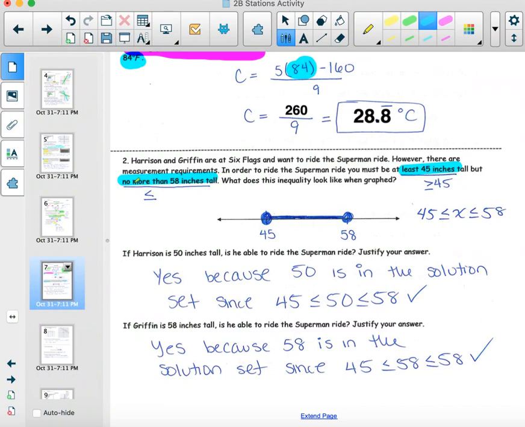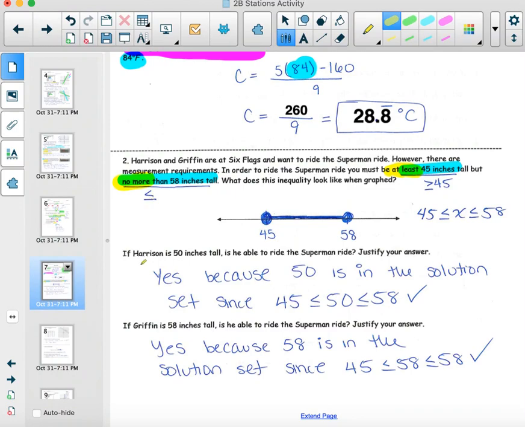Okay? So no more than, that's your less than or equal to. We need to make sure we know these keywords. Keywords, very important. At least and no more than. Okay? So when I graph this, I'm just graphing this between 45 and 58 with a closed hole. Closed hole because we have the equals to piece in both of our inequalities here.